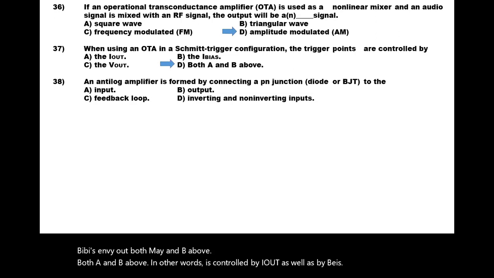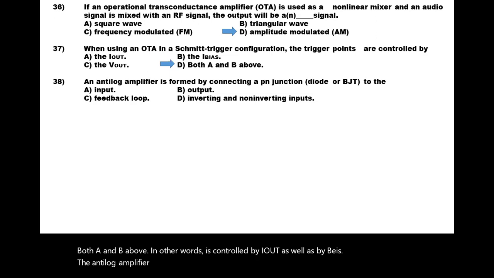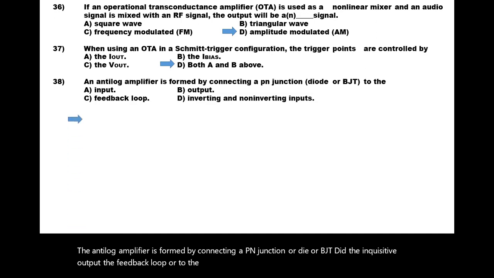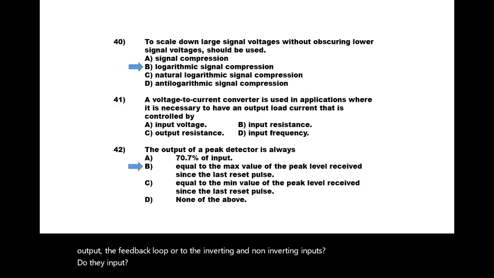The antilog amplifier is formed by connecting a PN junction, diode, or BJT to the input, to the output, to the feedback loop, or to the inverting and non-inverting inputs. To scale down large signal voltages without obscuring lower signal voltages, what should be used?